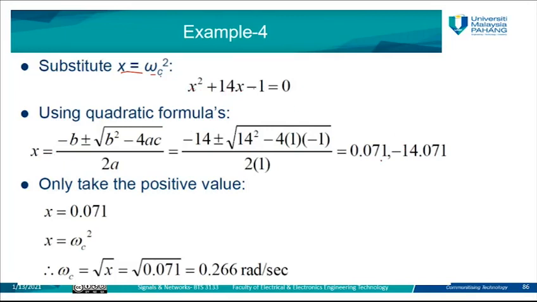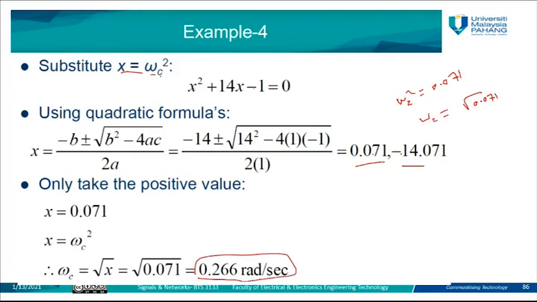We find the solutions are 0.07 and minus 14.07. Since our value here is a square, it cannot be negative, so it should be the first one. So omega c square will equal 0.071. That means omega c will equal the square root of 0.071, so it is equal to 0.266 radian per second.